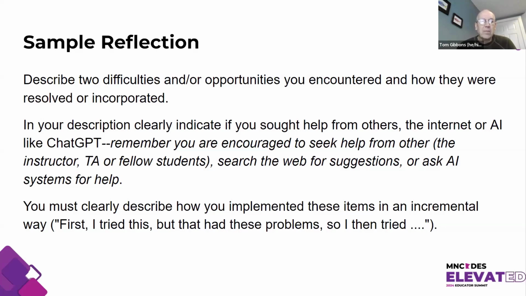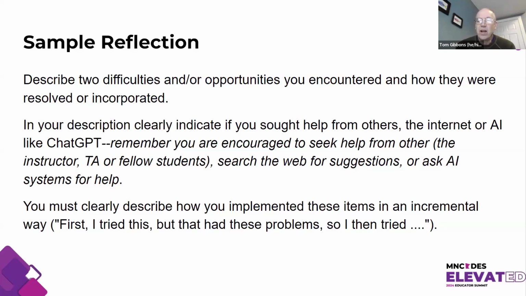And then we ask them to clearly describe how you implement these items in an incremental way. So we just don't want a I asked my friend and my friend sent me the answer, or I asked AI and AI gave me the answer. I want an incremental solution to this. And we talked about that in class.